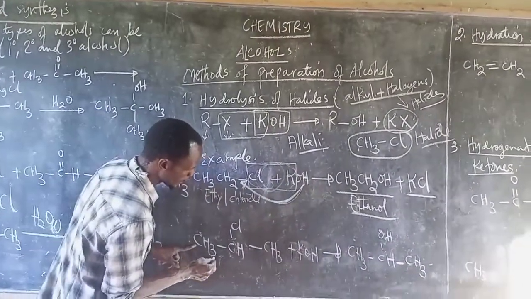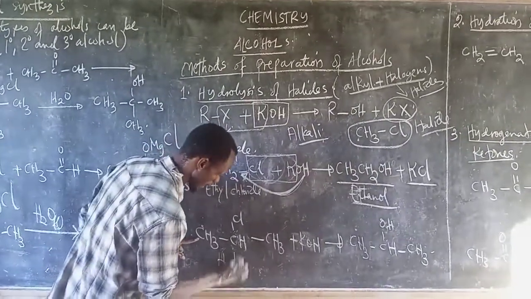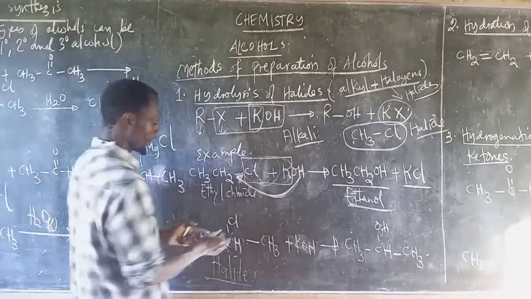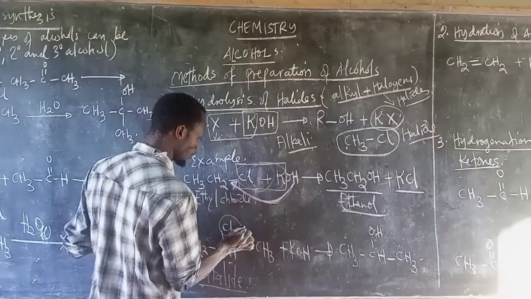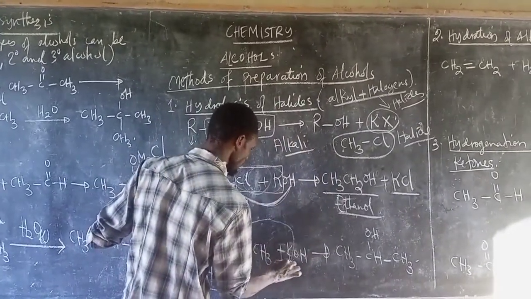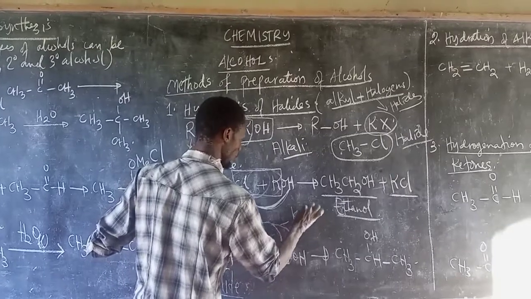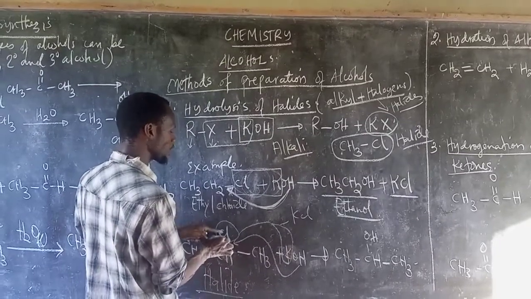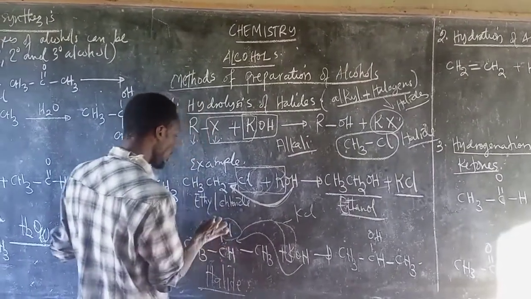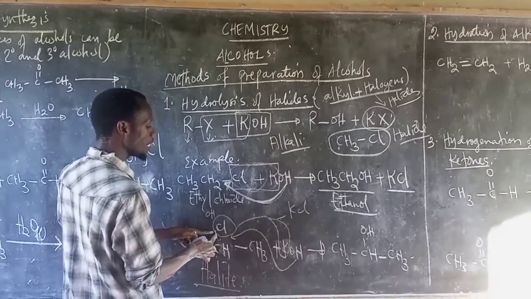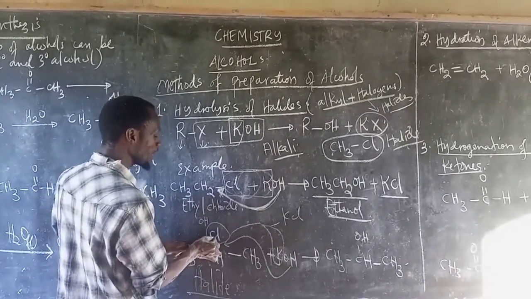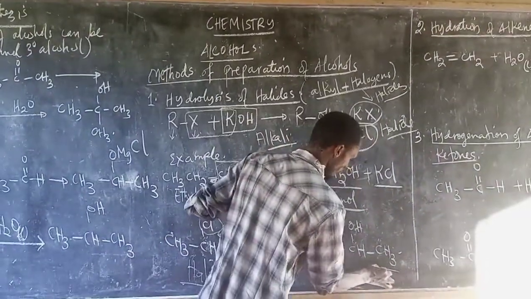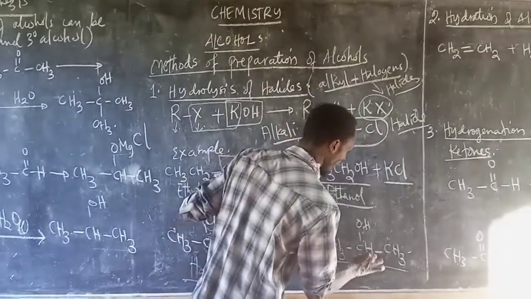The second example is right here. When you look at this one, this is a halide. Therefore, this chlorine will combine with potassium to form potassium chloride, and the OH will come and replace where we removed the chlorine. So we form an OH group at the place where the chlorine was removed.